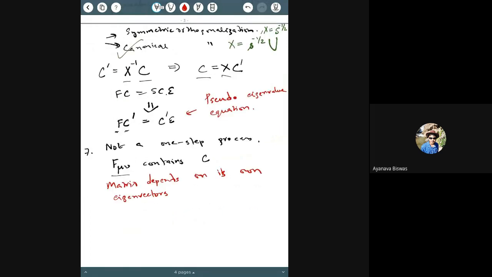So what is the process? You get C', you back calculate C, you reconstruct F mu nu, and you again diagonalize it. And you keep doing this till your C' don't change any further up to a threshold. And that is why it is called a self-consistent field equation.